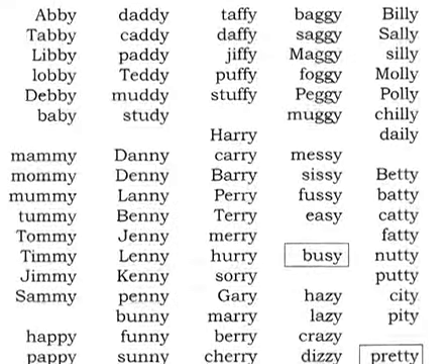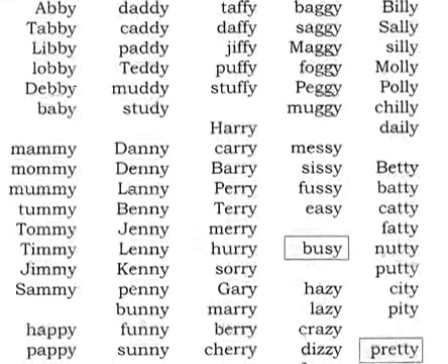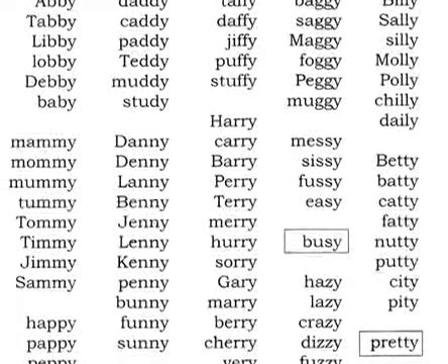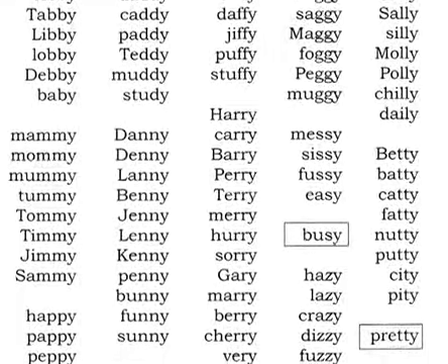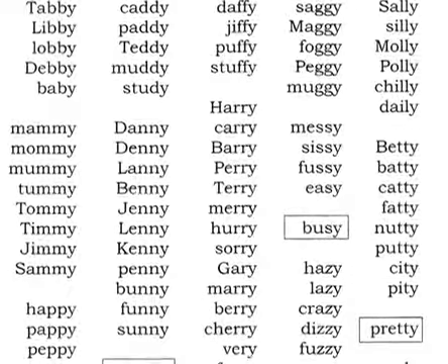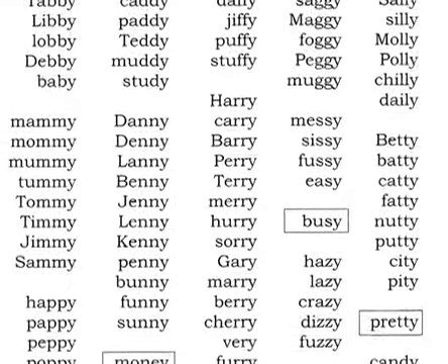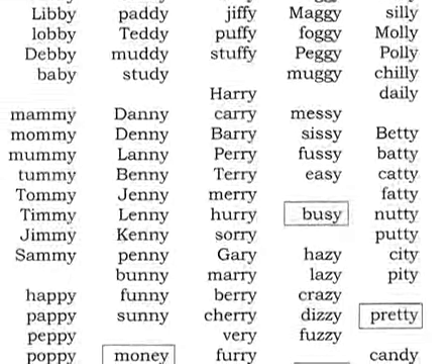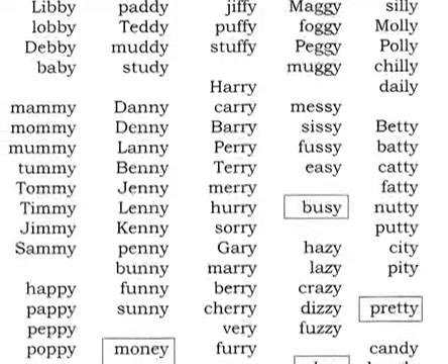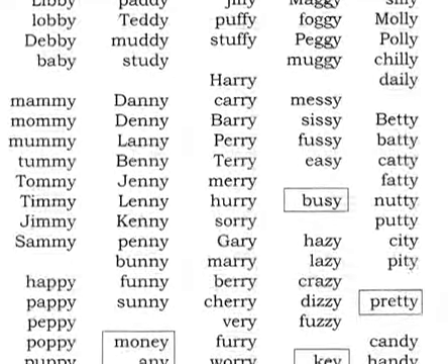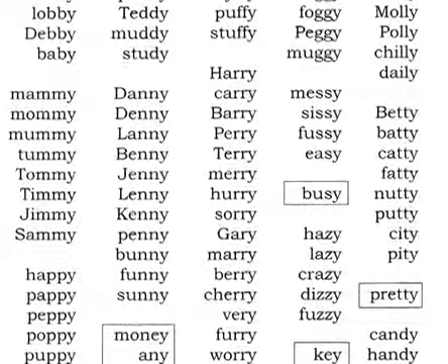There are some exceptional spellings. For example, the word busy is spelled B-U-S-Y. It is not buzzy. It's not bussy. It's busy. And P-R-E-T-T-Y is pronounced pretty, as if it were a short I, pretty.